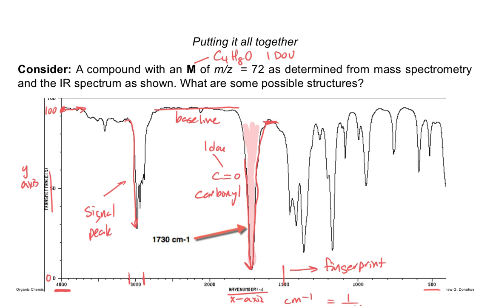And so if we have 4 carbons, 8 hydrogens, and 1 oxygen, 1 carbon and 1 oxygen belong to that fragment, and we've taken care of the degree of unsaturation. So that leaves us with 3 carbons and 8 hydrogens to now build from. So we can use that to start proposing constitutional isomers.